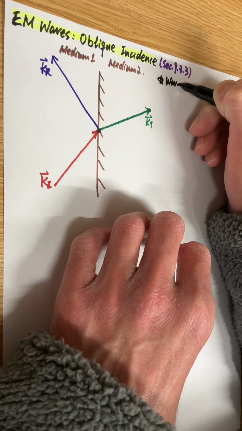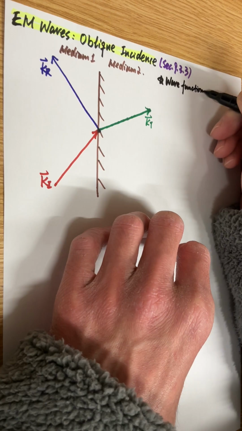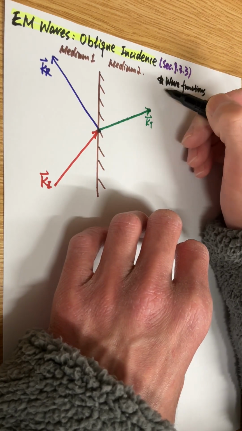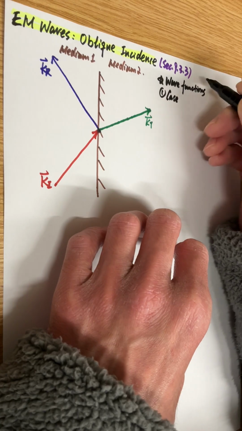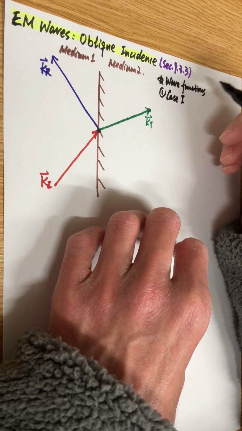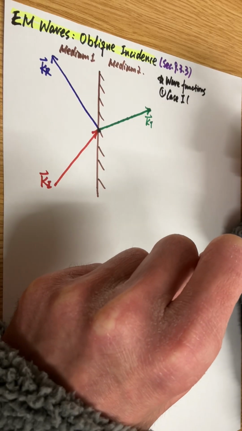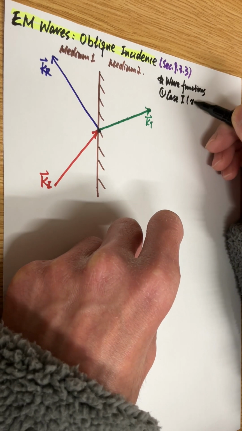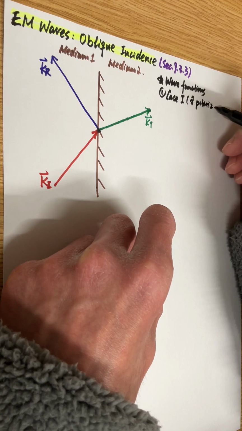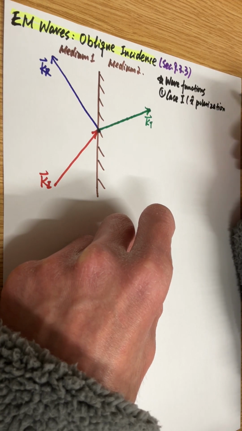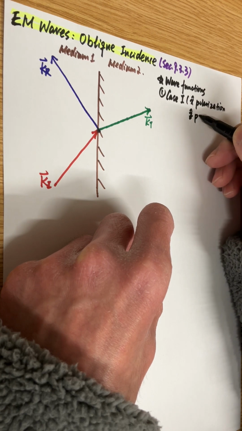So we have wave functions. So the first case, which is the most simple case, is that for the electric field, we would have x polarization, but we have z as propagation direction.